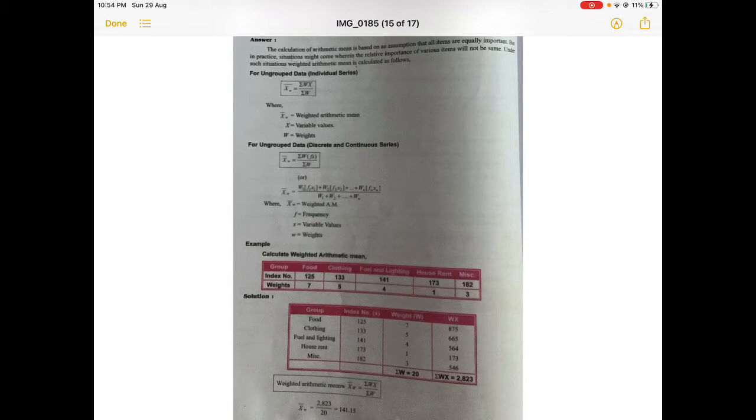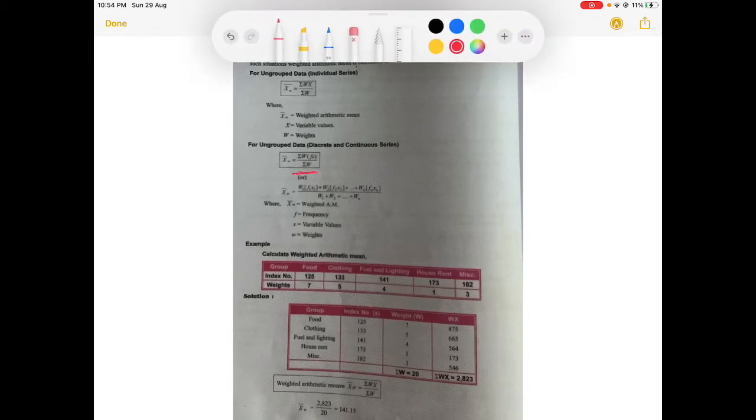For ungrouped data, discrete and continuous series, when frequency is also involved, we will take sigma wfx divided by sigma w. Please note, we are not dividing by sigma f. We are only dividing by the sum of the weights, because this is a weighted mean and not a normal arithmetic mean. So it is called the weighted arithmetic mean, because it is using the weights as the measure of importance or relative importance of a particular category.